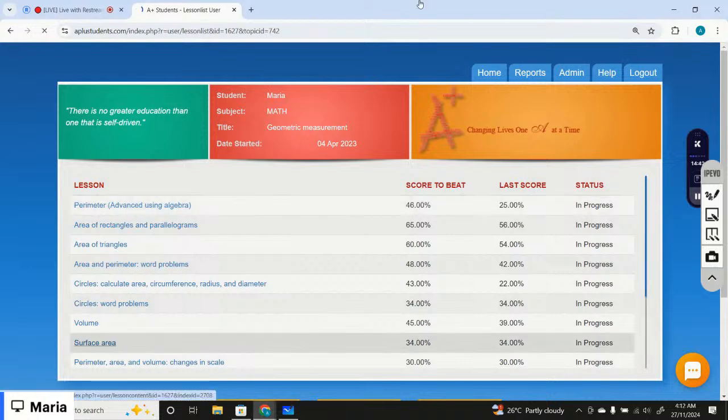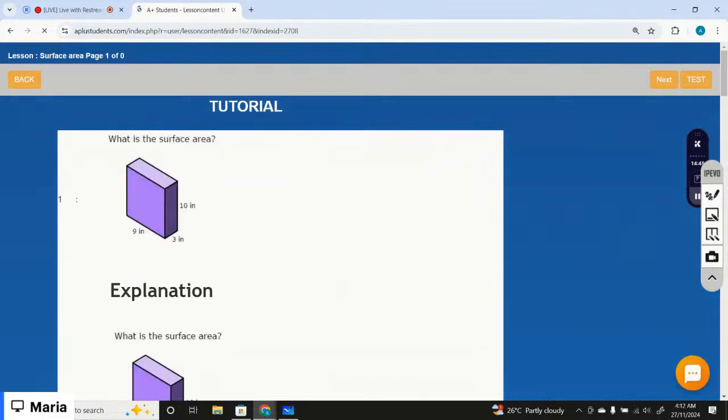The next lesson is surface area. What is the surface area?